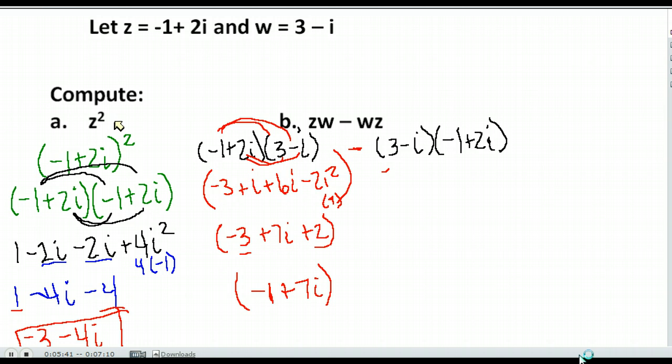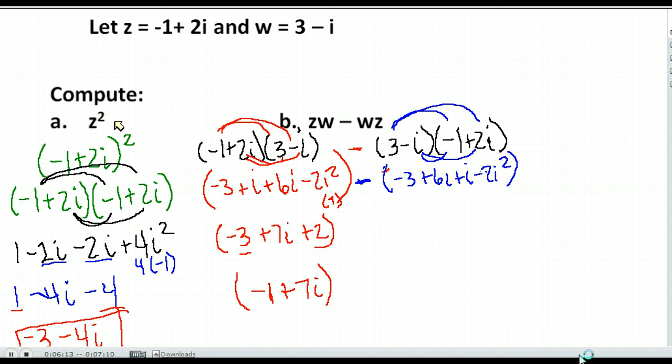Now let's do the w times z. You may have a theory about what's going to happen here. Let's see if it actually happens. 3 times negative 1 is negative 3. 3 times 2i is 6i. Then I go to the negative i times negative 1 is a positive i. And negative i times 2i is, whoops, wrong sign there. Let me fix that. Is a negative 2i squared.